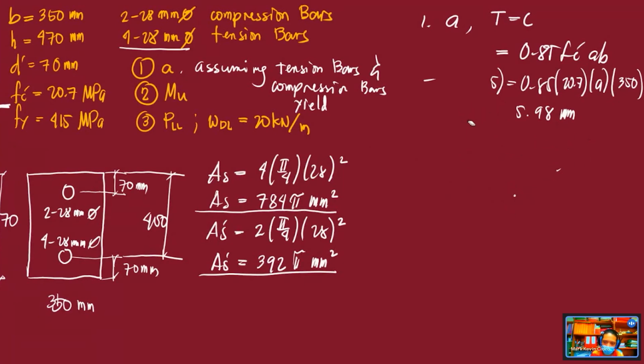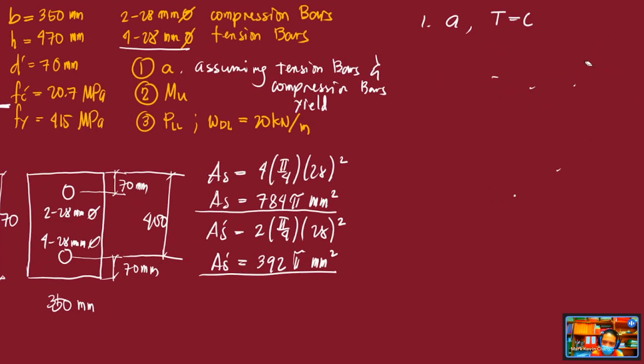The problem is implicitly telling you that this is doubly reinforced. So from the equilibrium equation, T equals your C. Your T is TS1 plus TS2, and your C is two parts: the compression from concrete plus the compression from steel.